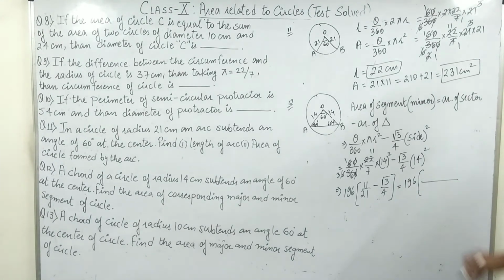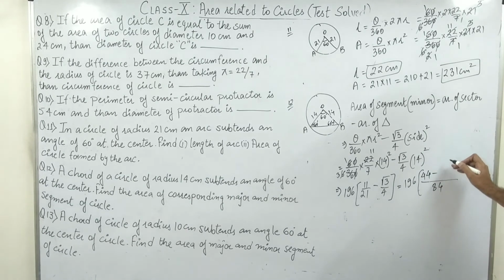So what is the LCM? That is 42. No, it should be 84. 3, 7 and 2 and 2, right? 4 ones are 4, 4 twos are 8. So it's 84. 21 4 times is 44 minus 4, 21.